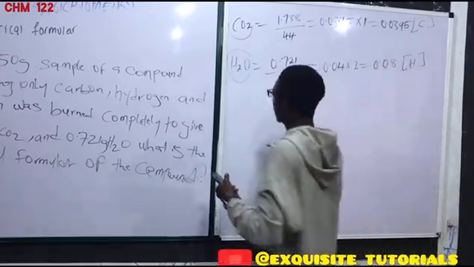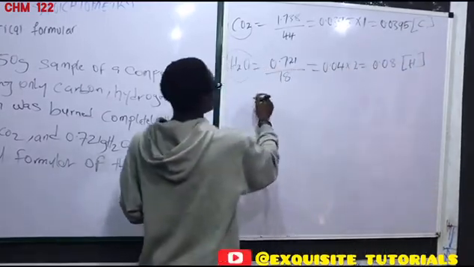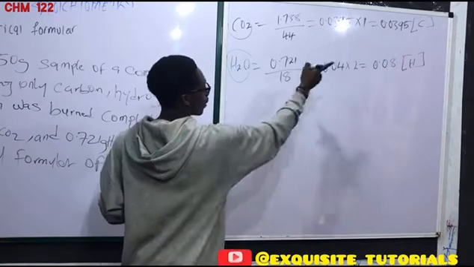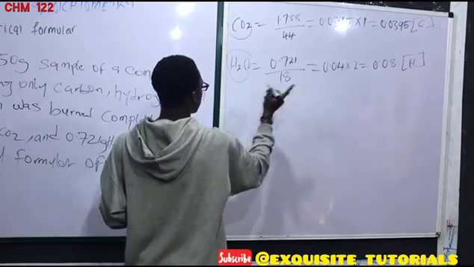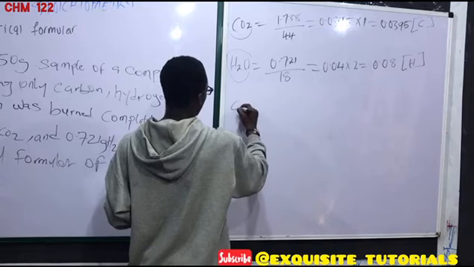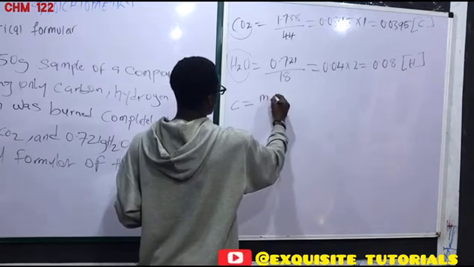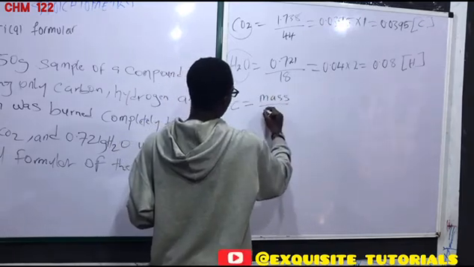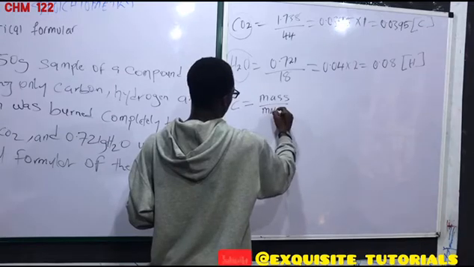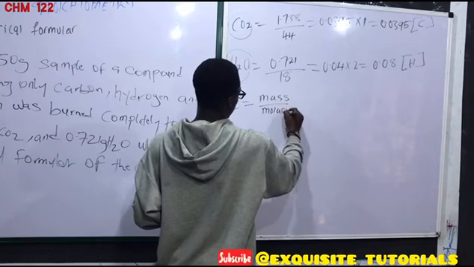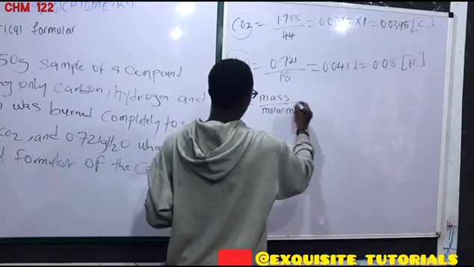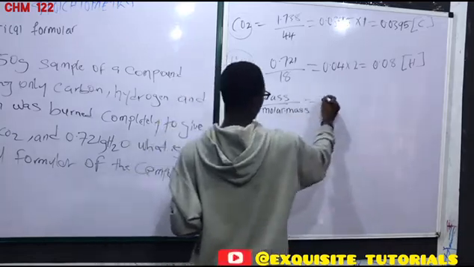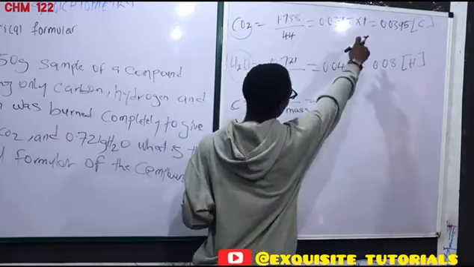Now to get the mass of carbon, the moles will be equal to the mass over the molar mass. Carbon is equal to the moles, the moles is what we have there.